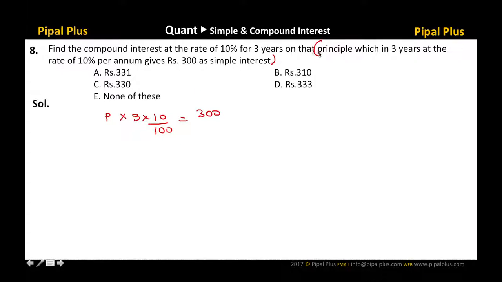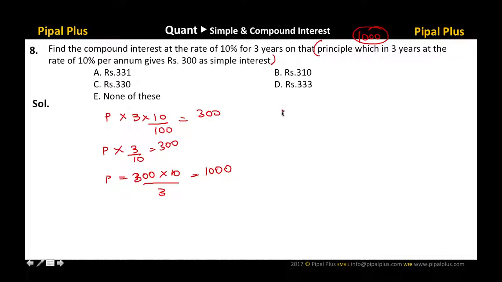So this principal is clearly P times 3 by 10 equals 300. We take this 10 here and 3 here, and the principal is 1,000 rupees, right? So if we are looking back at this problem, what we are really saying is find the compound interest at the rate of 10% for 3 years on a principal of rupees 1,000.